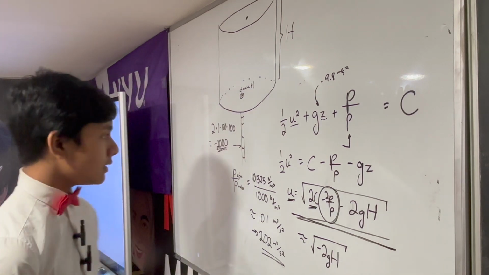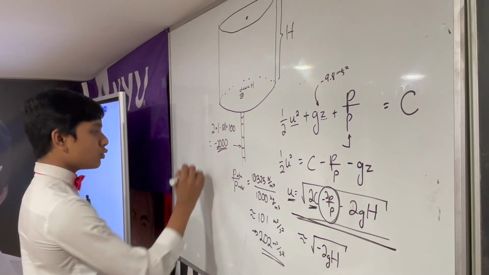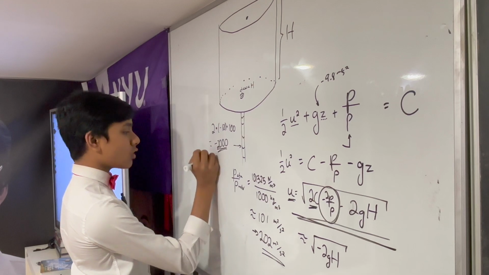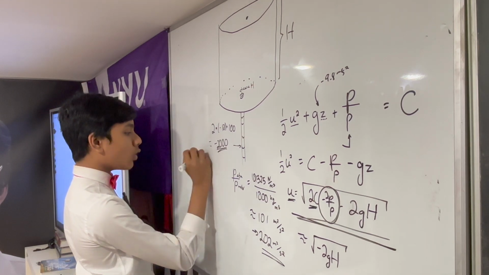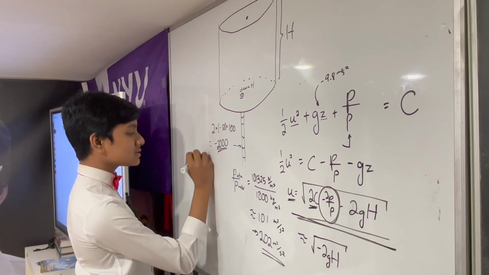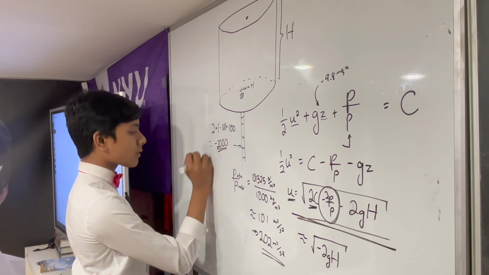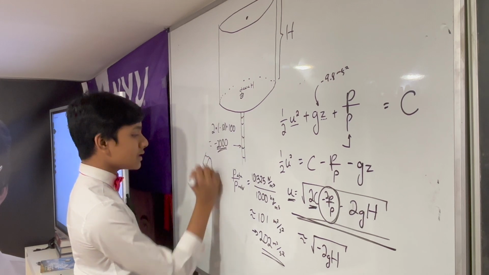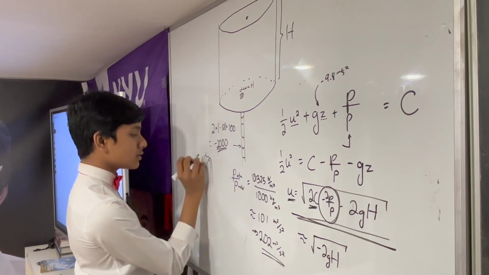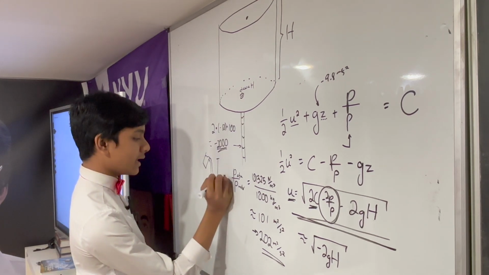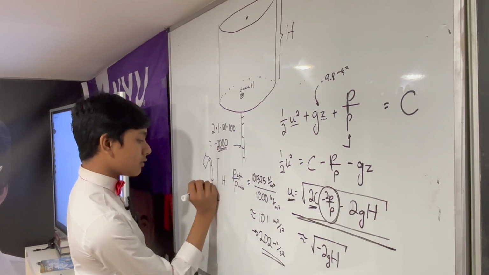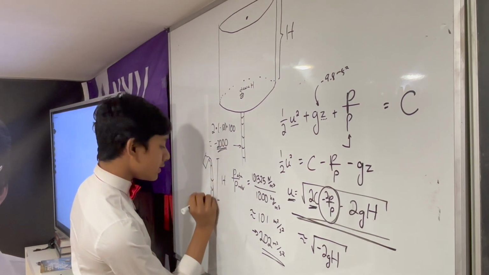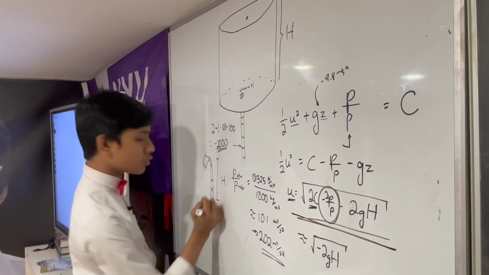All right. Now, let's look at what happens if we take some water in a glass and we pour some of the water that was in that glass out of the glass. And the glass is a height h above the ground. And we want to see what is the velocity of the water when it hits the ground.